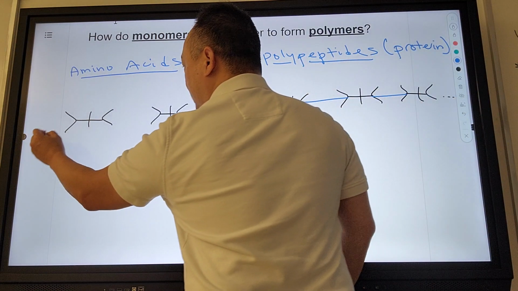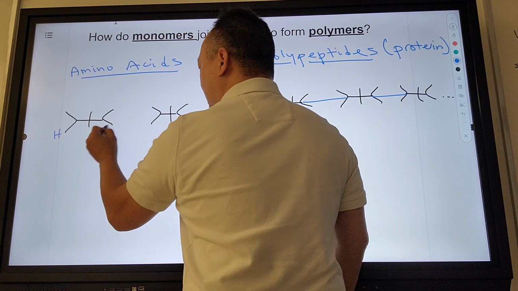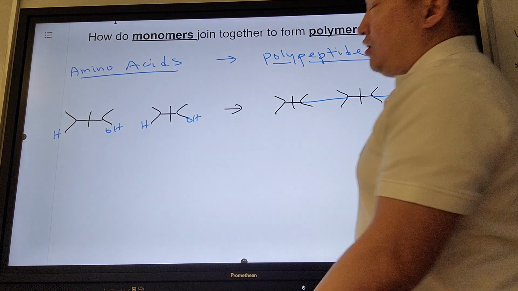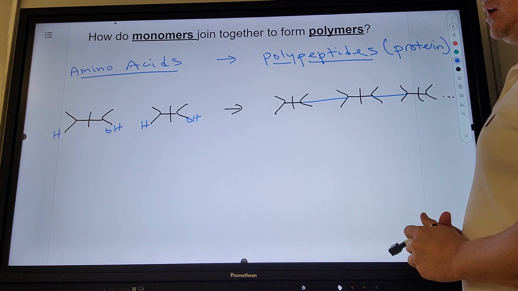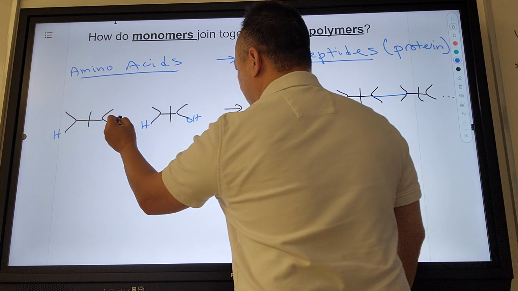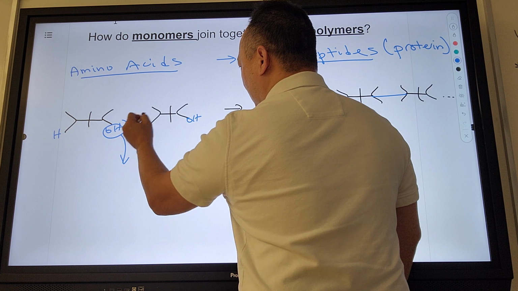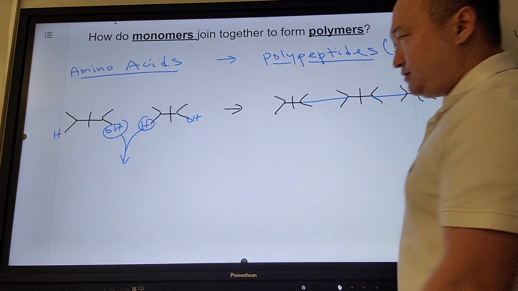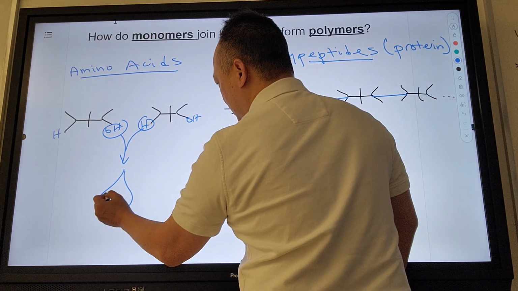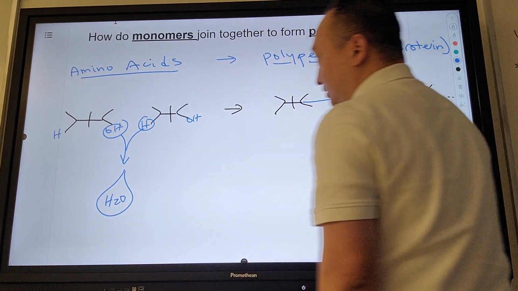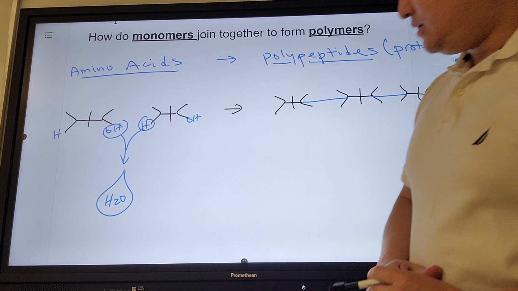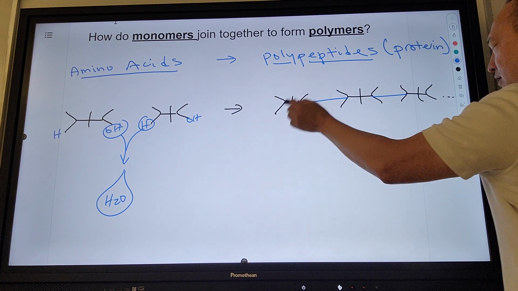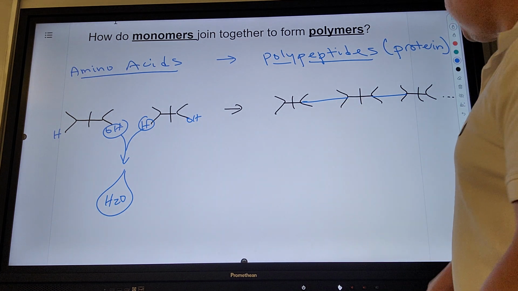Well, again, each of these monomers have an H and an OH, a hydrogen and a hydroxide, a hydroxyl on each of the sides of the monomer. So what's going to happen is an OH and an H is going to be removed, and that's going to form a water molecule, right? Hence the name, dehydration, right? So, and in its place will be a bond.